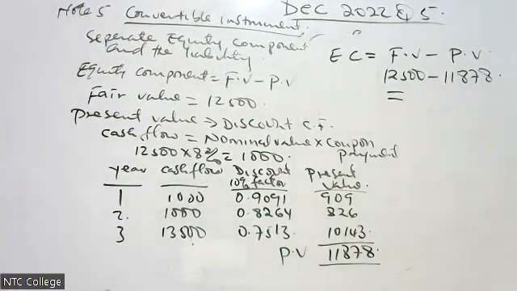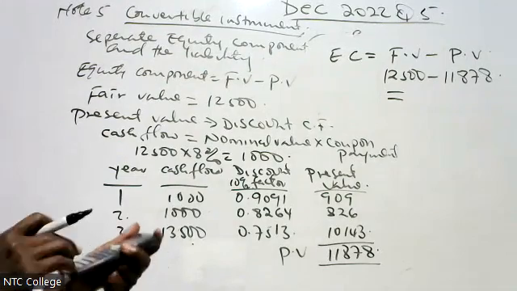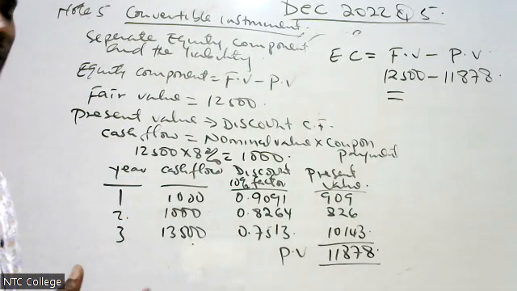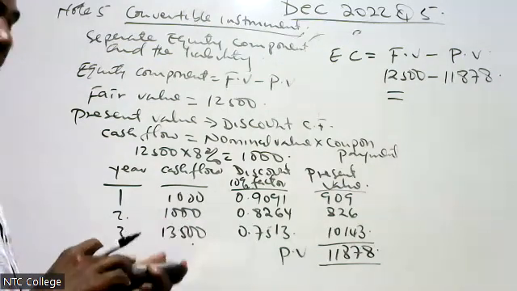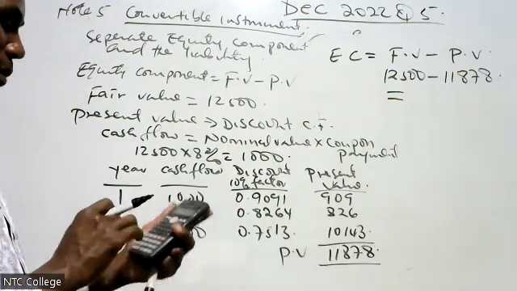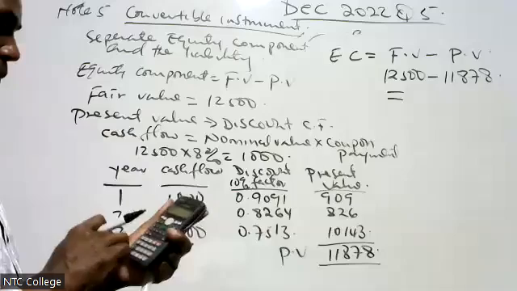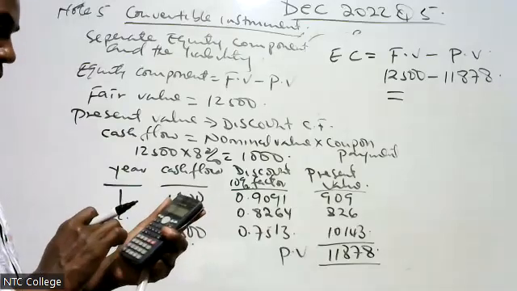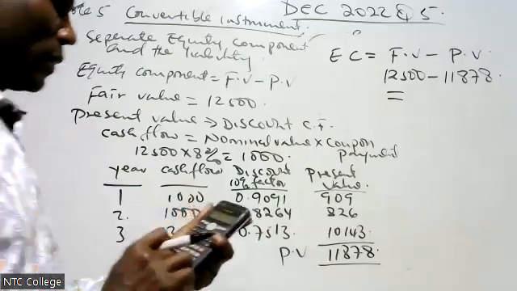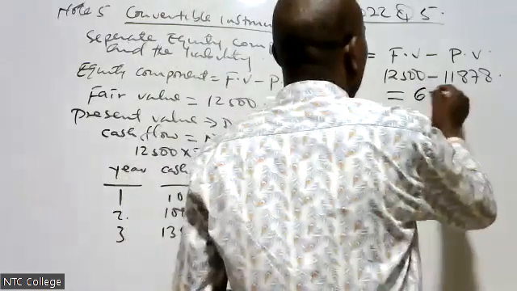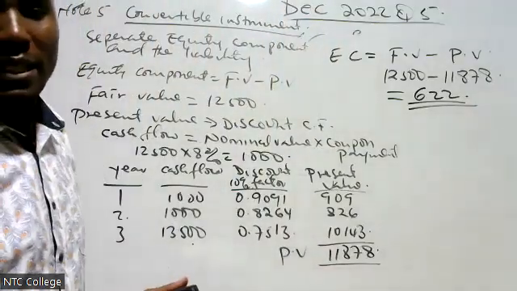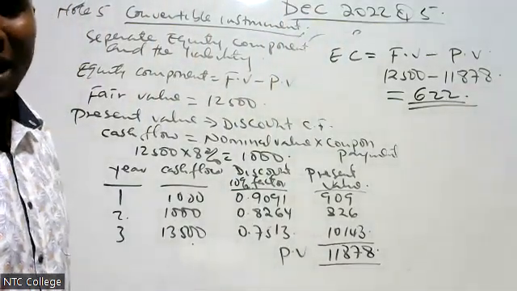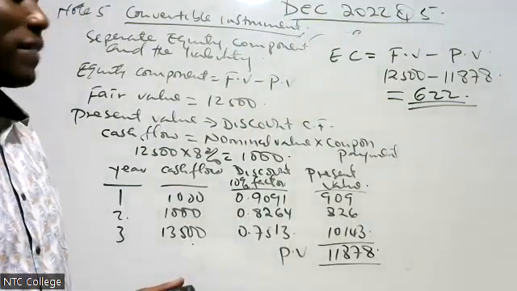Now, which interest are you saying? You come clear. I'm getting 622. That is my equity. 750 is in the balance sheet.